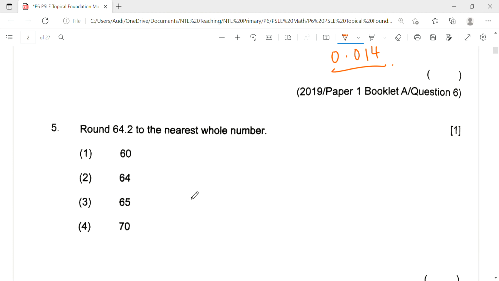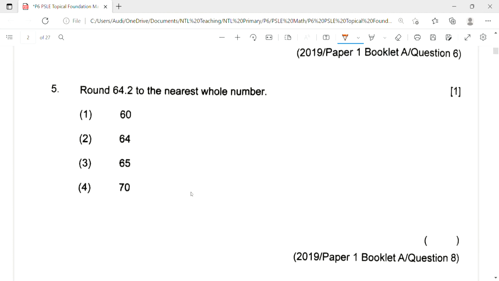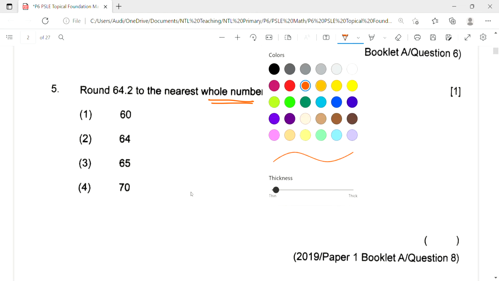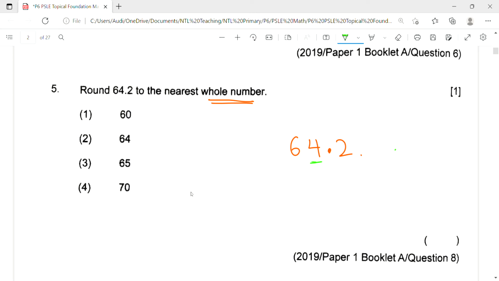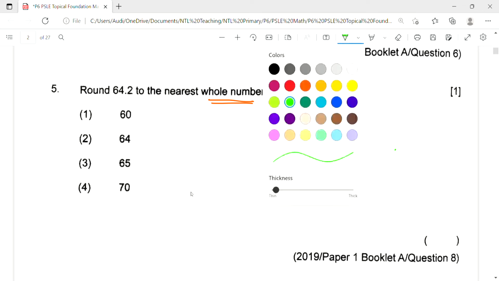Now we look at number 5. Round 64.2 to the nearest whole number. Underline this, we want the whole number. A whole number means 1, 2, 3, 4. These are all whole numbers. As long as you have a number, not just a decimal point, that's a whole number.